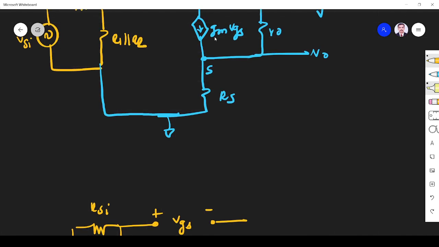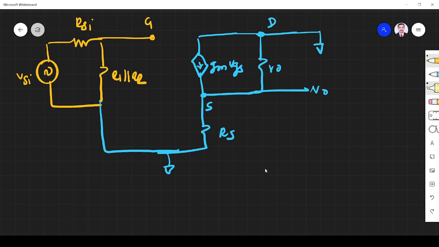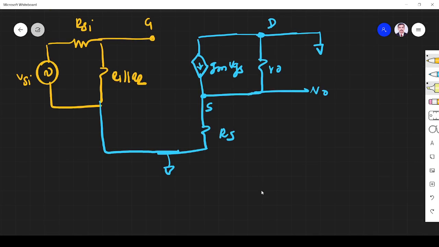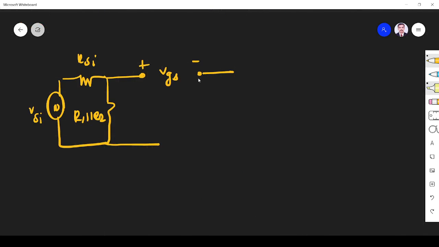I shift it so that it comes to the top side, so the minus will come at the bottom.